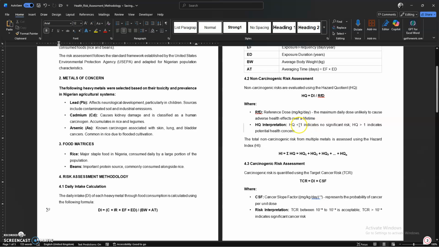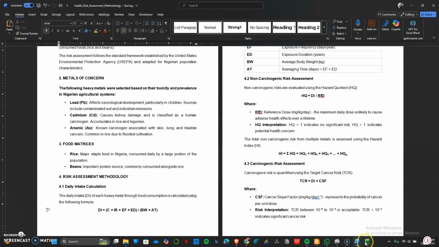Ideally, your hazard quotient should be less than 1 if there is no risk of consuming rice with lead, if there is no human health risk. So if you have a hazard quotient less than 1, there is no risk of consuming that rice with that amount of lead concentration.